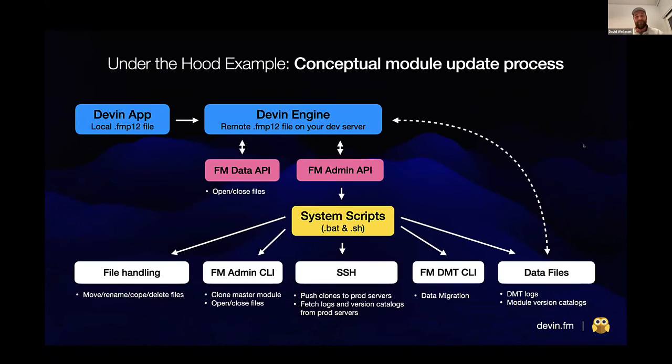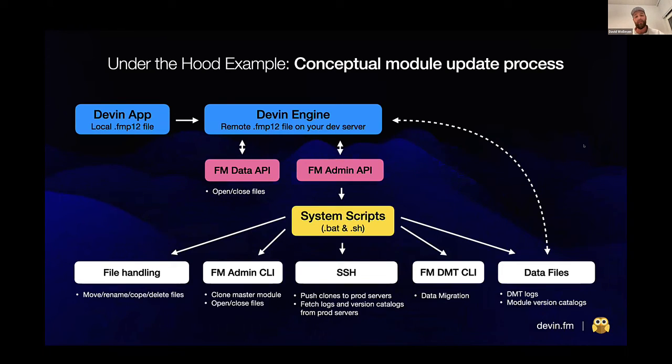And then to show a bit more advanced or complex conceptual architecture, this is basically what is involved in what I showed in the demo, in the deployment and migration part of it. Obviously there's a lot of other stuff going on here.